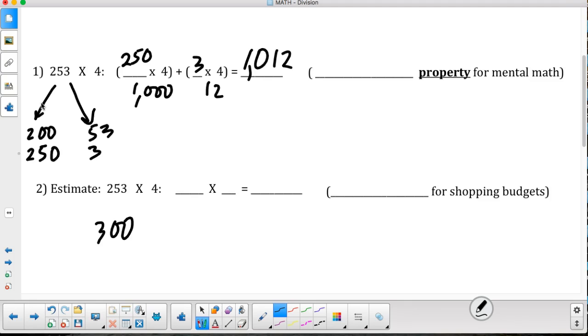What do you do with the 4? Do we have a need to change that 4 right now? No. Boys and girls, if you have a single digit, unless the instructions read round it to the nearest 10, unless it says that, you don't touch it.